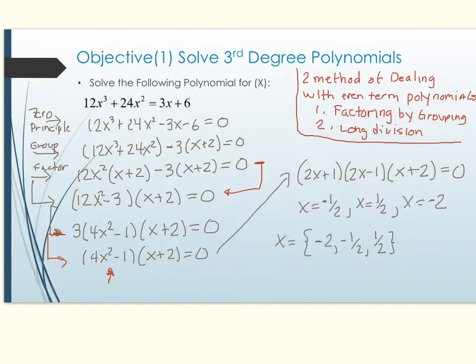So we get 2x plus 1 times 2x minus 1 times x plus 2 is equal to 0. And when we set each one of those factors to 0, we get x is equal to negative 1/2, x is equal to 1/2, and x is equal to negative 2. So that's our solution for this particular third-degree polynomial.